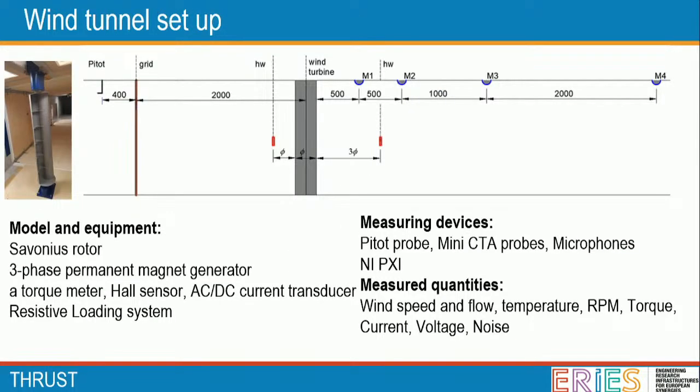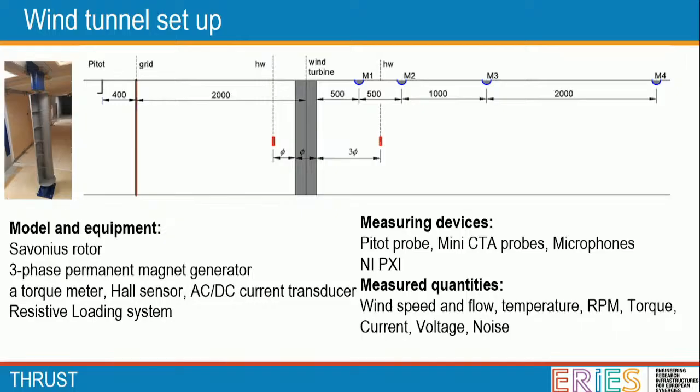The Savonius rotor is equipped with a three-phase permanent magnet generator, a torque meter, a Hall sensor to measure the rotational velocity, and a resistive loading system that is used to control the rotational velocity of the turbine.